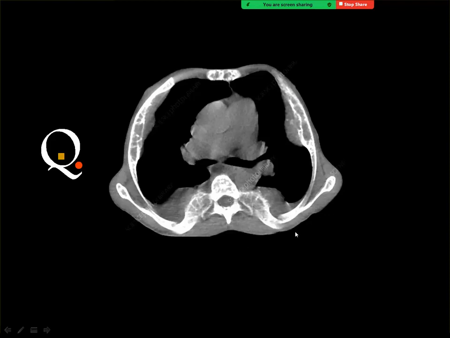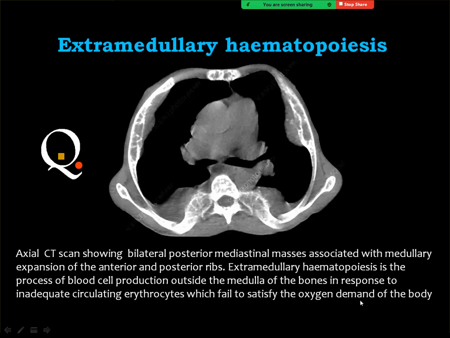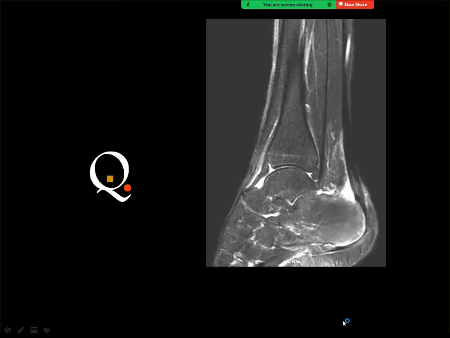The answer is right because there is evidence of marrow hyperplasia with expansion of the medullary cavity of the ribs associated with extraosseous soft tissue components representing the hematopoietic tissue of extramedullary hematopoiesis.